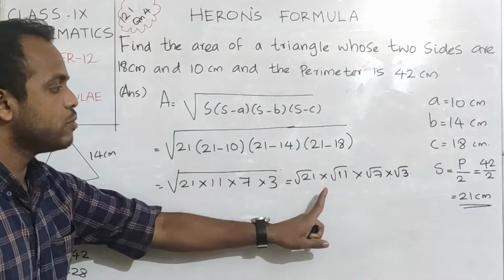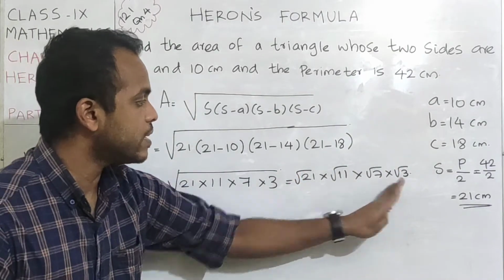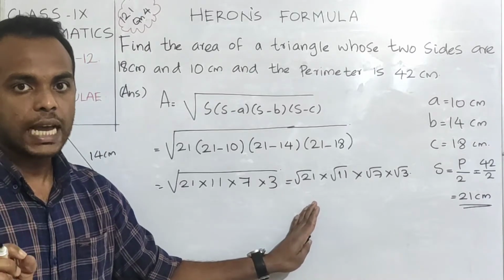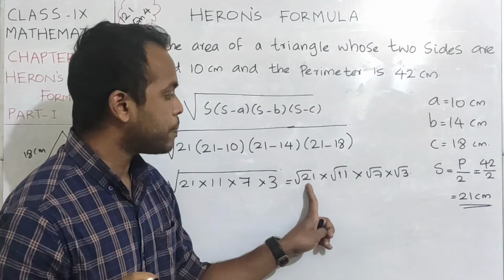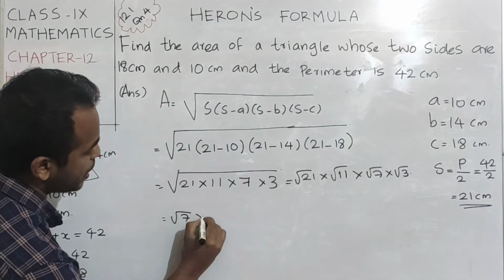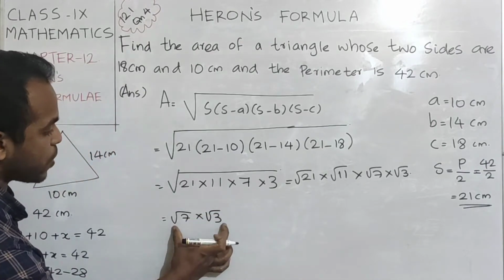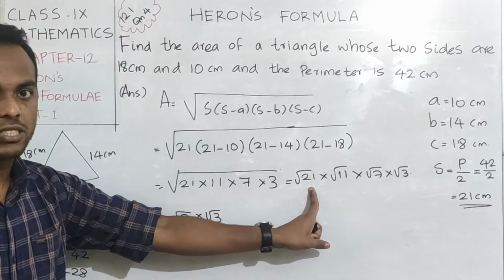Now what you should do is prime factorize the given numbers. This is a shortcut. Prime factorize all the numbers. You can prime factorize root of 21 as root 7 into root 3, because the product of these two numbers will be root 21. I have just prime factorized it.